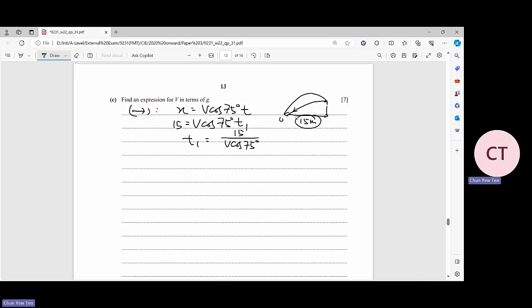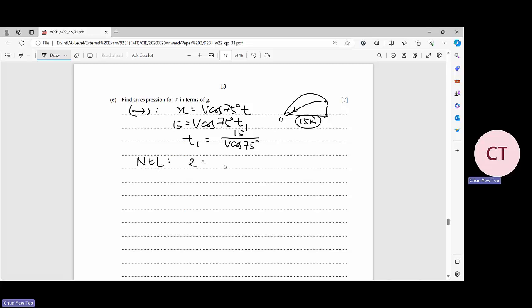After the collision, what happened? Before we find the time t2 for the travel after the collision, we need to find the velocity right after the collision. So we just use the Newton experimental law.